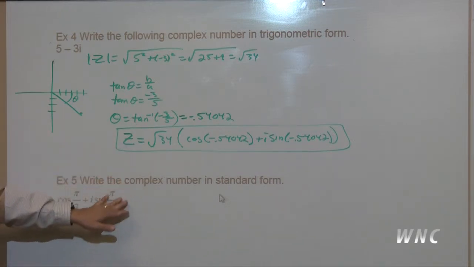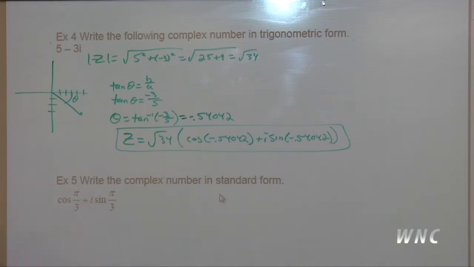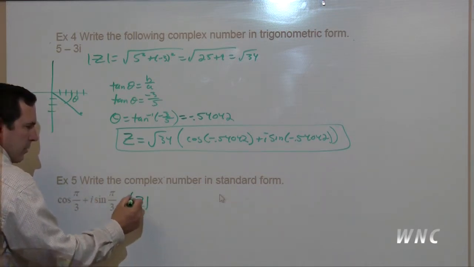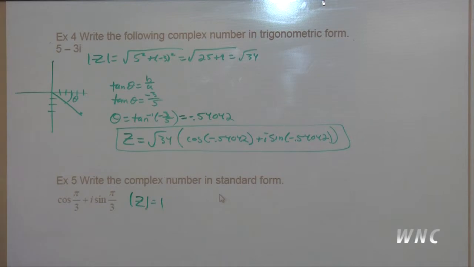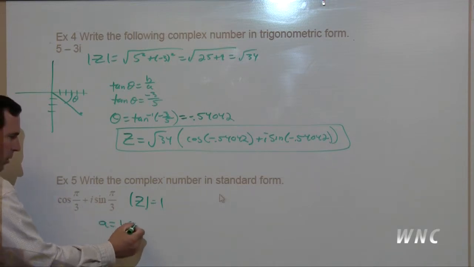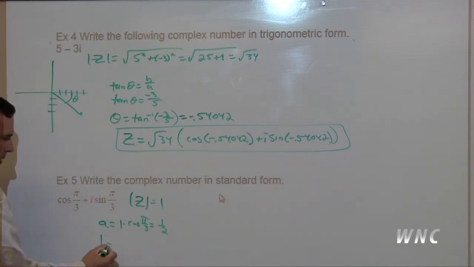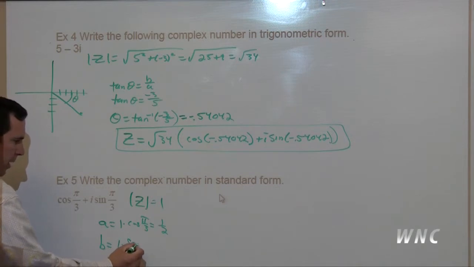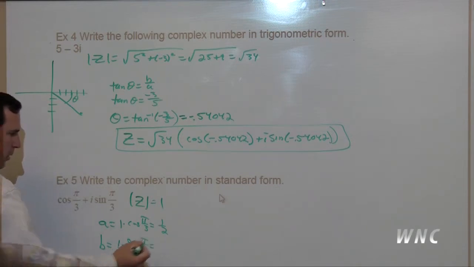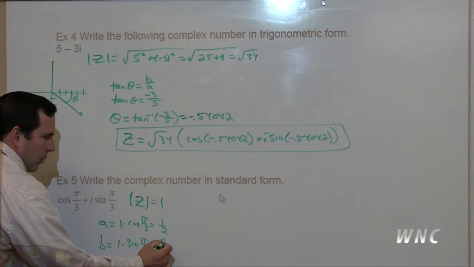Write this complex number in standard form instead of trigonometric. Now in this, do you see any coefficient for cosine or sine? The answer is no, so the magnitude of z must be 1. Our a is going to be just that 1 times cosine pi over 3, which is 1/2, and b is going to be 1 times sine of pi over 3, which is going to be square root of 3 over 2.